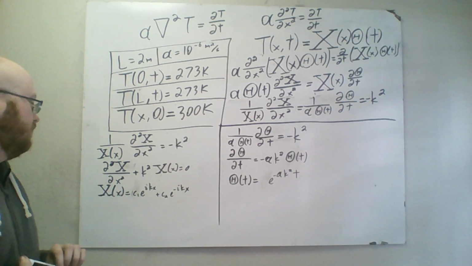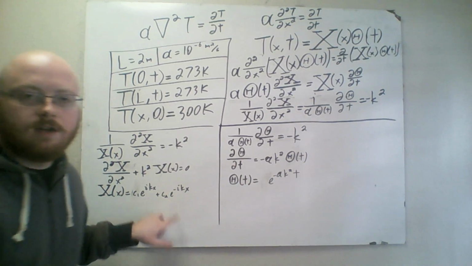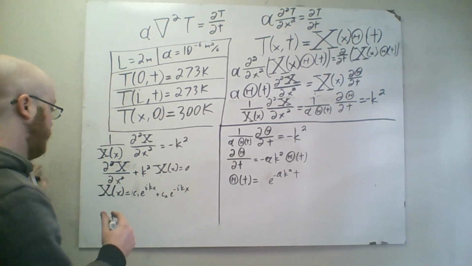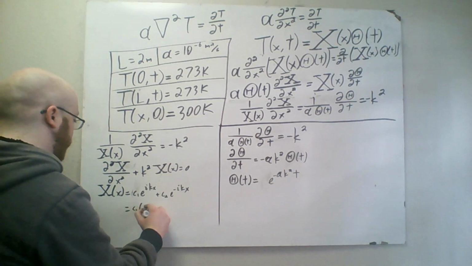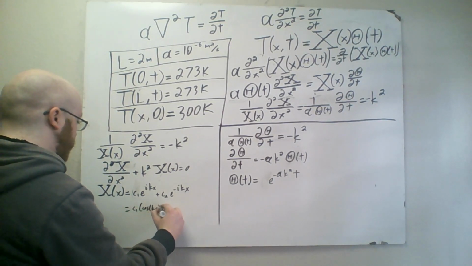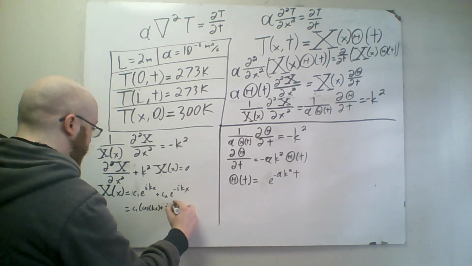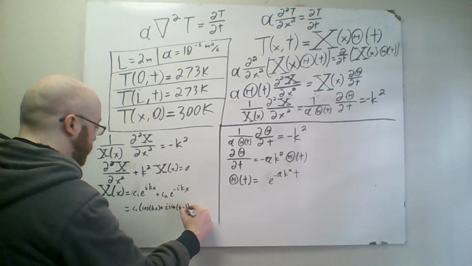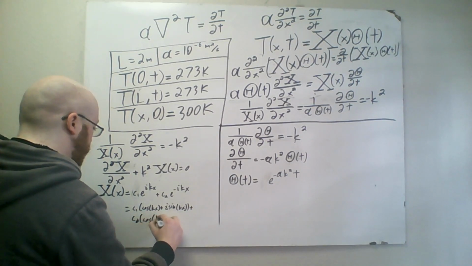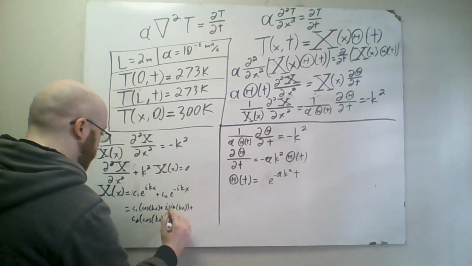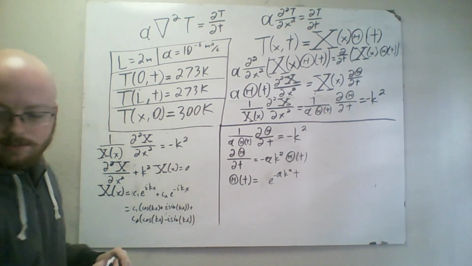I don't want to go too in depth here, but it turns out you can rewrite this as a combination of sines and cosines. So this ends up becoming C1 cosine kx plus C1 i sine kx plus C2 cosine kx minus C2 i sine kx. And this is known as Euler's formula.